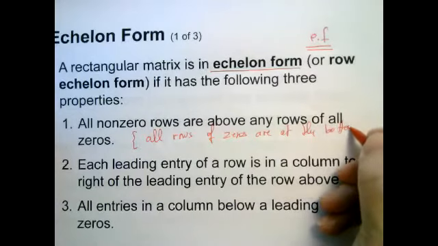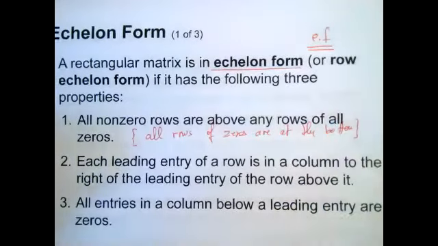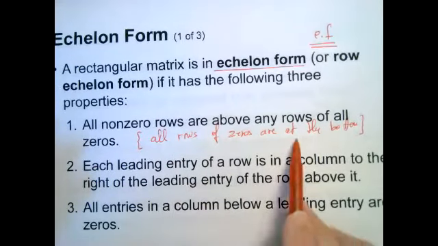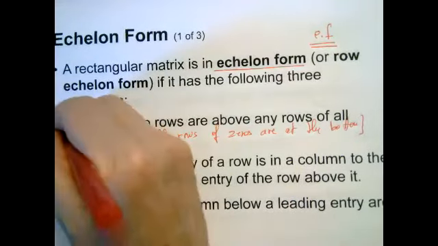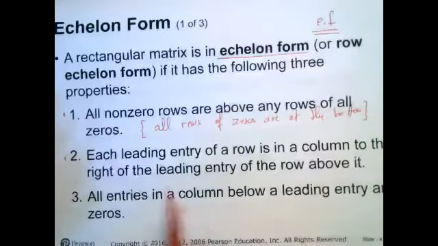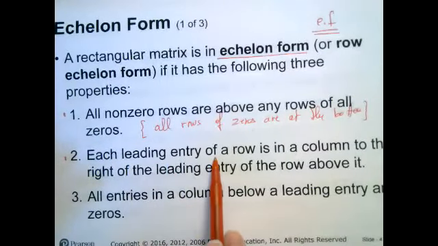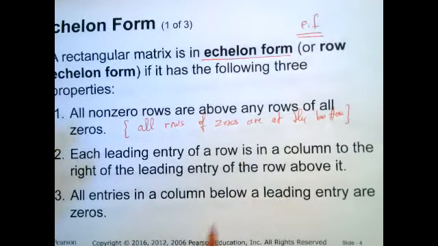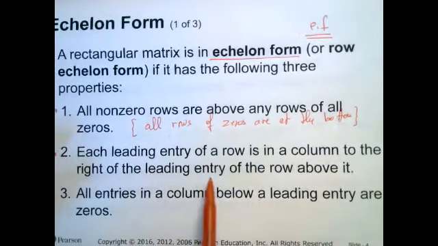Another way to write this, it means all rows of zeros are at the bottom of the matrix. That's the first condition. Second, each leading entry of a row, so we just talked about leading entry, every leading entry is in a column to the right of the leading entry of the row above it.